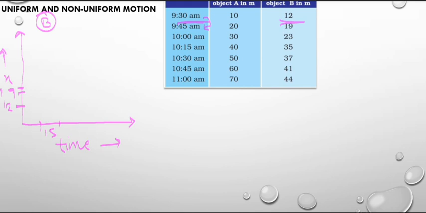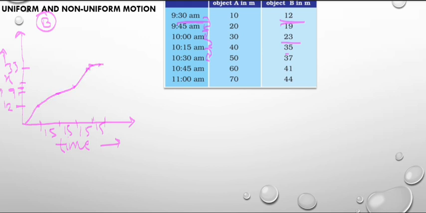And after 15 minutes, it was somewhere at 23. And after again 15 minutes, it was somewhere at 35. And again after 15 minutes, that is at 10:30, it was at 37 only.